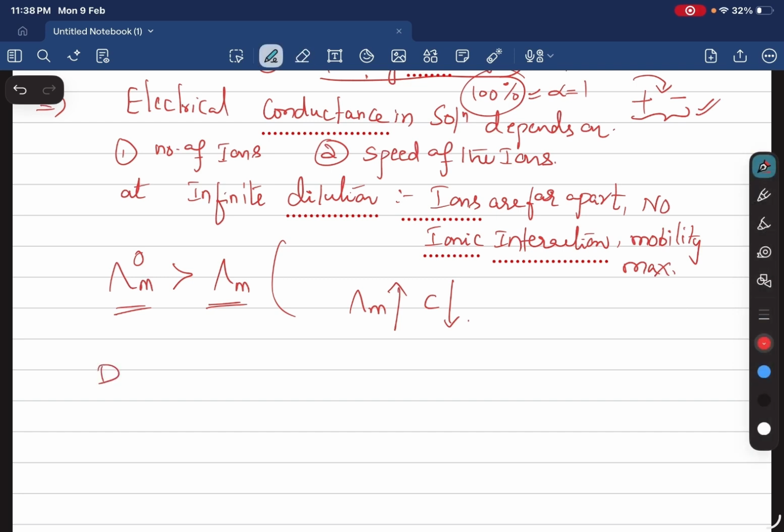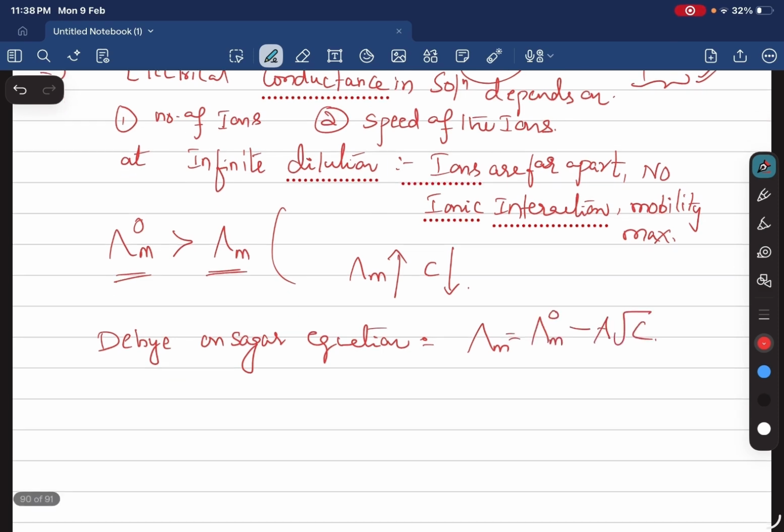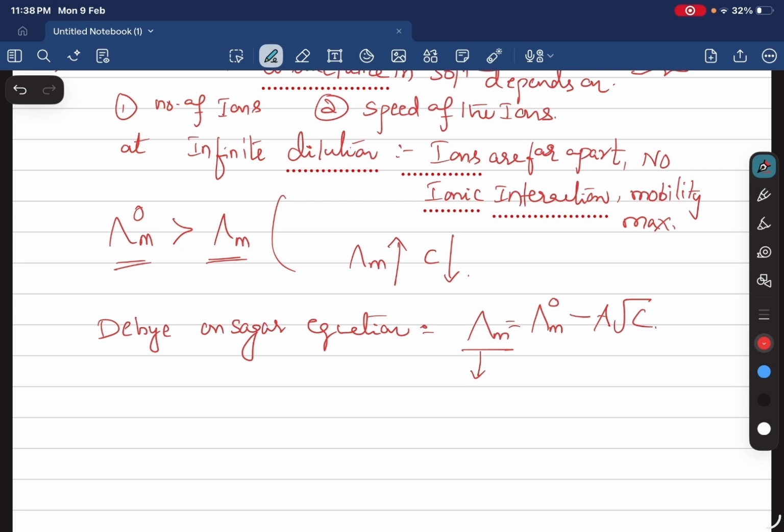So let's see what exactly the Debye-Onsager equation is. The Debye-Onsager equation is lambda m equals lambda m naught minus A into under root C. Here lambda m is the molar conductivity at concentration C. Lambda m naught is the molar conductivity at infinite dilution.